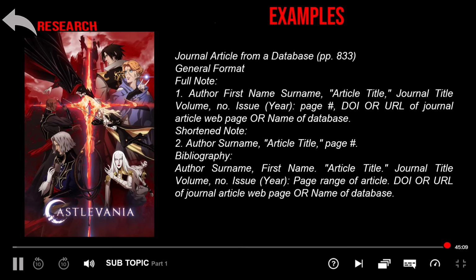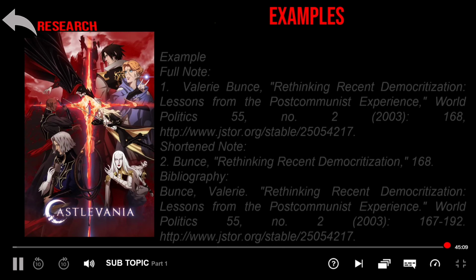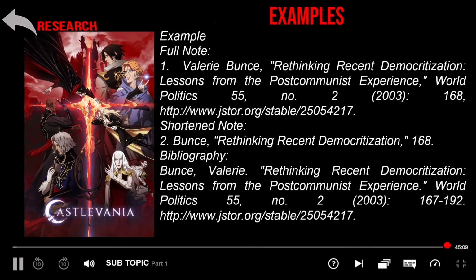Here are some examples. For the full note: Valerie Bunce, "Rethinking Recent Democratization: Lessons from the Postcommunist Experience," World Politics 55, no. 2 (2003): 168, then the URL. For the shortened note: Bunce, "Rethinking Recent Democratization," 168.